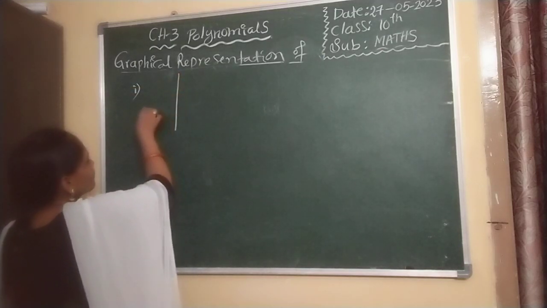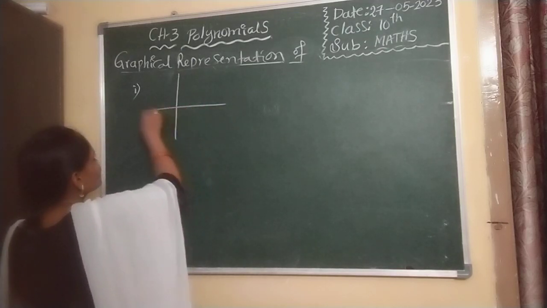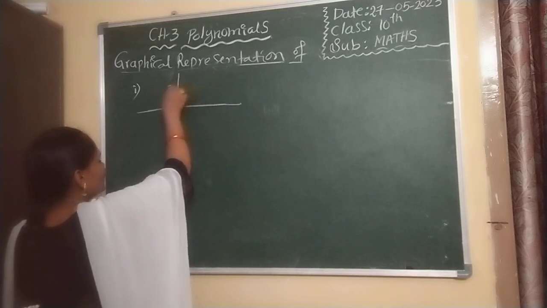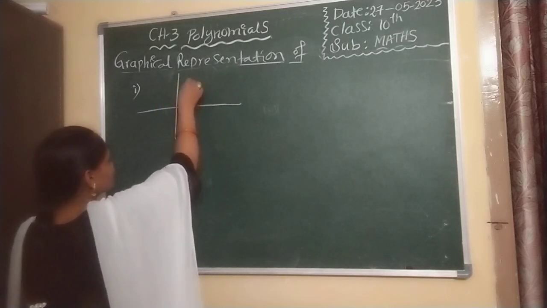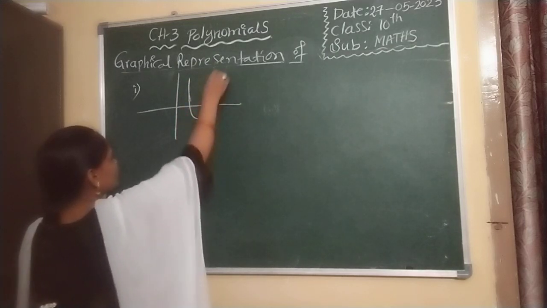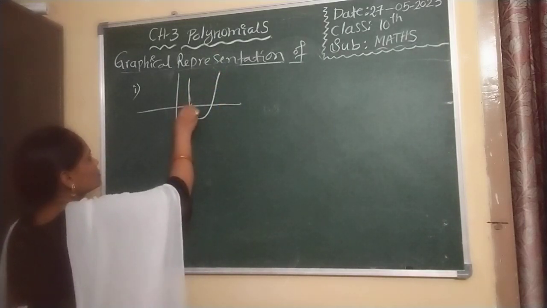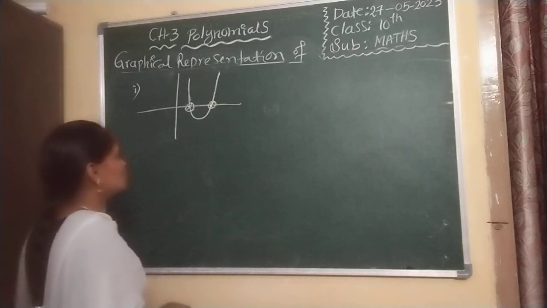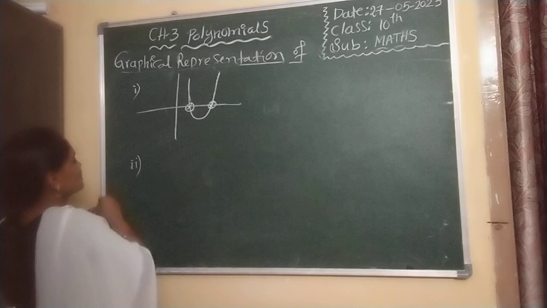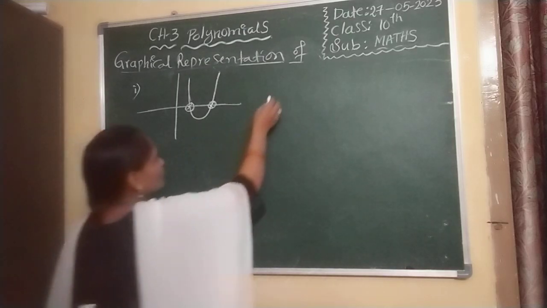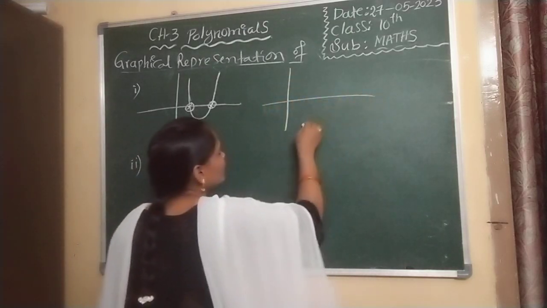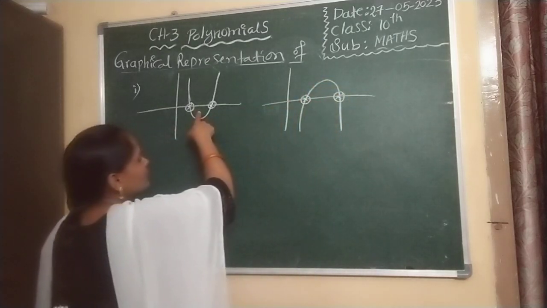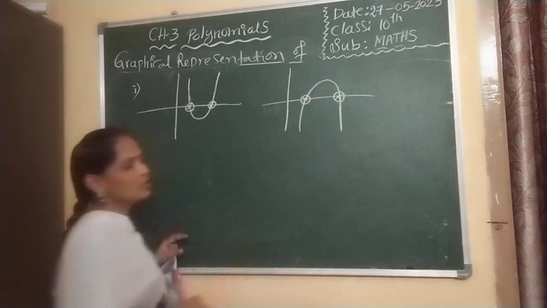In case 1, the graph shows an upward parabola like this. It is intersecting the x-axis at 2 points, so it is having 2 zeros, right? Here it can be upward or downward: this is an upward parabola with 2 zeros, this is a downward parabola with 2 zeros.